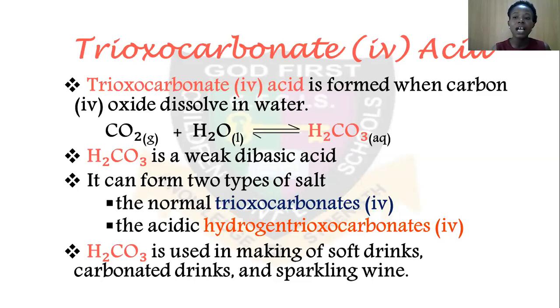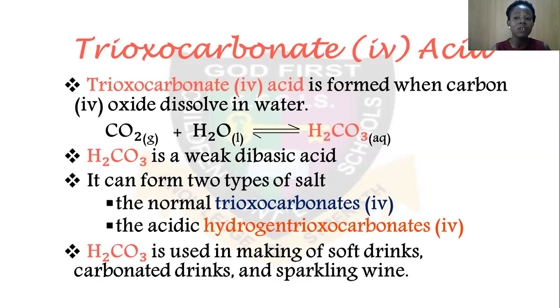Now what happens is that the carbonate 4 acid is dissolved in these drinks, and when it is dissolved in the drink, it produces carbon 4 oxide, which helps to give the drinks a refreshing taste. I remember talking about that when we were talking about carbon 4 oxide, that they give a refreshing drink.